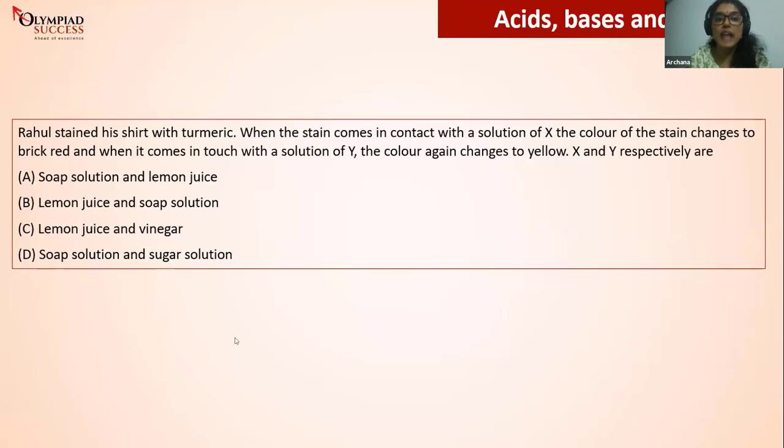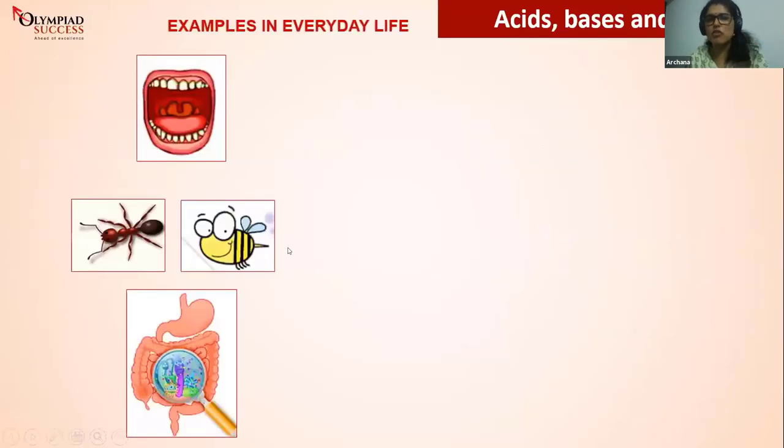Looking at that, option A is correct, because soap solution is a base and lemon juice is the acid. So this is just a glimpse of how you will get questions in Olympiads.